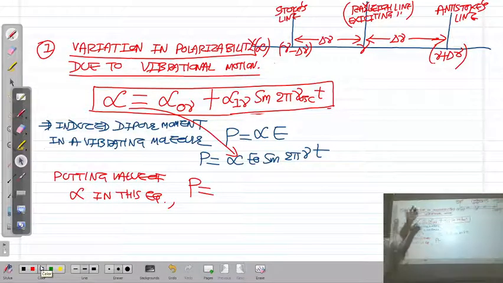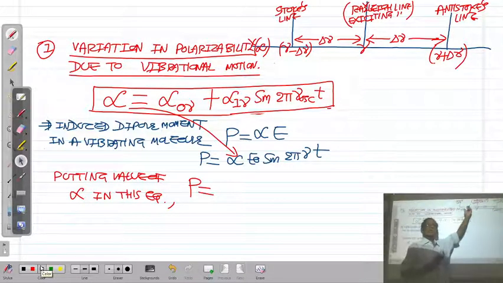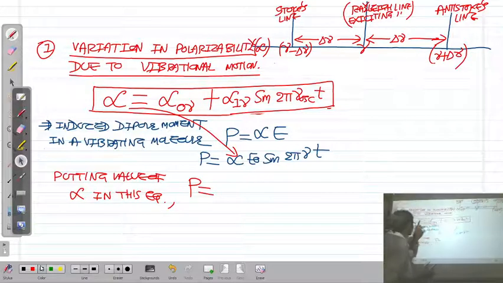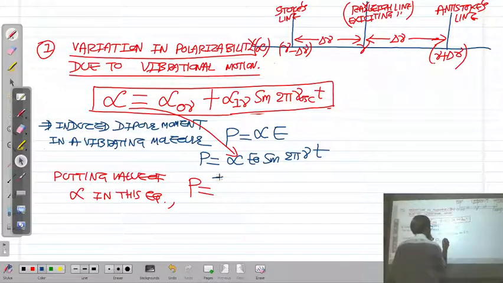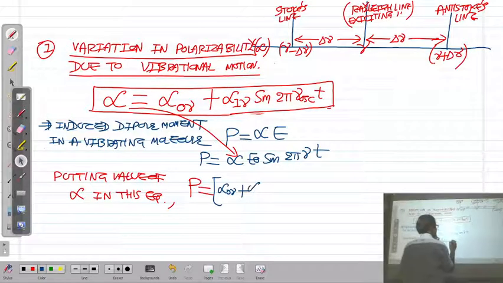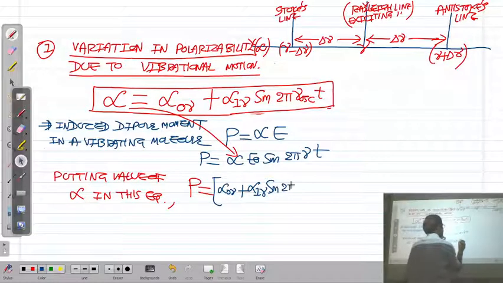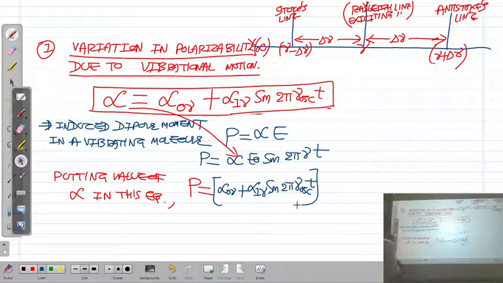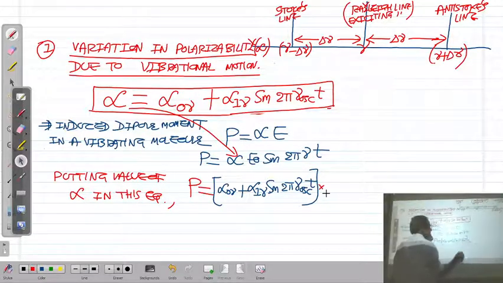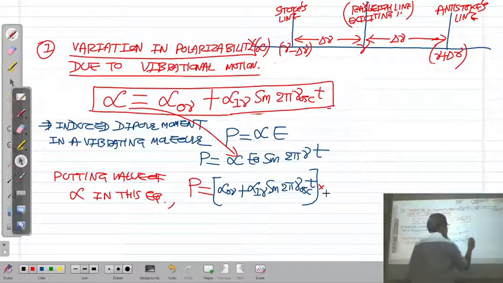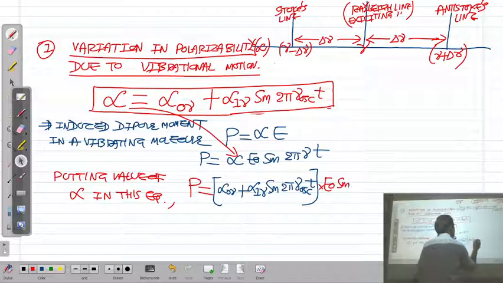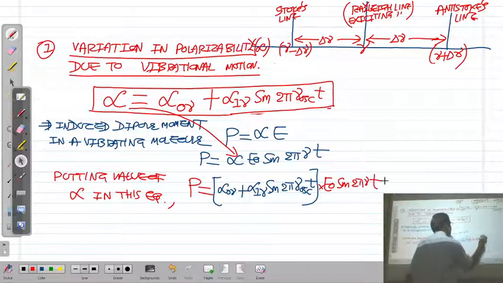According to classical theory, the variation in the polarity of the molecule due to vibration motion is given by alpha 0 nu plus alpha 1 nu sin 2 pi nu oscillation t, multiplied by E0 sin 2 pi nu t.